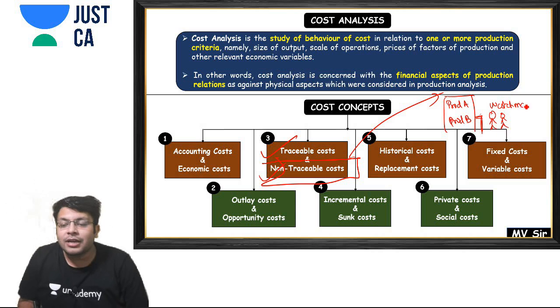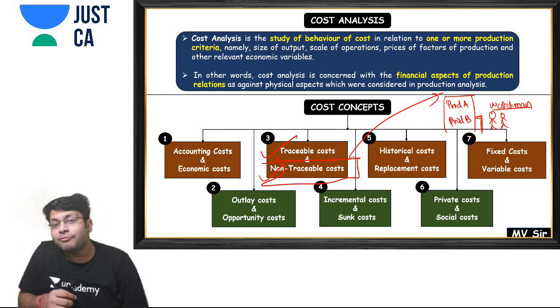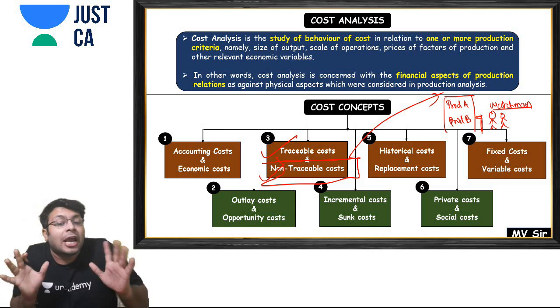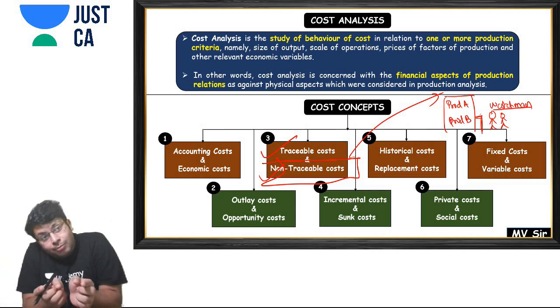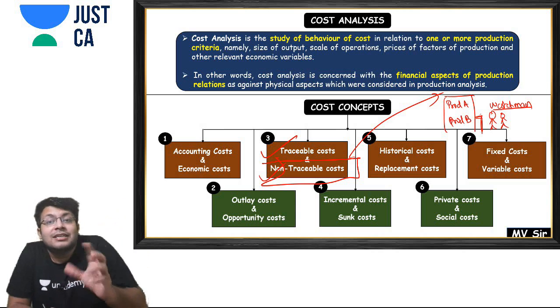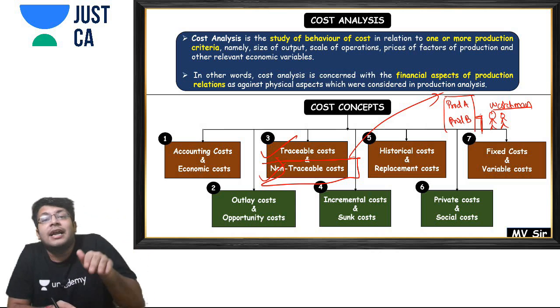Now tell me exactly, these two watchmen are for which product? Are they for product A or for product B? Obviously we cannot trace exactly how much salary I am giving for product A and how much salary I am giving for product B. So this is a type of general expenditure that will come under non-traceable cost or indirect cost.